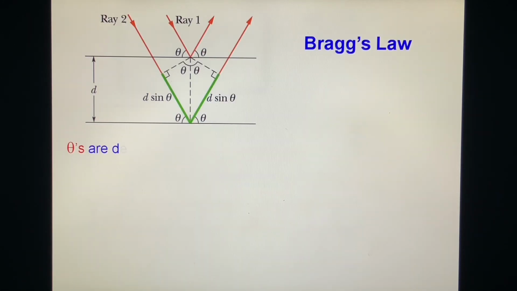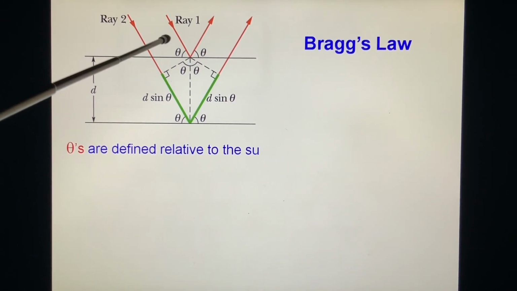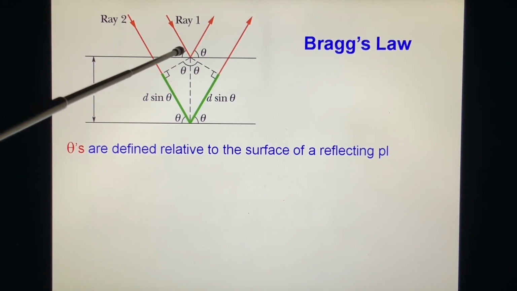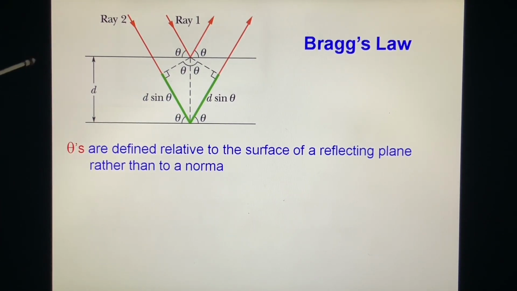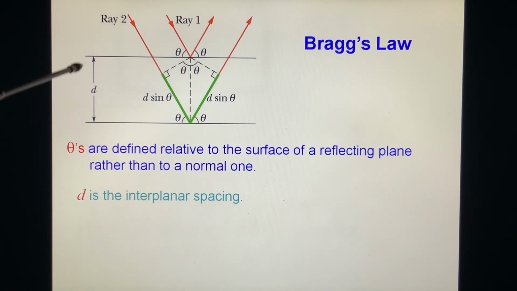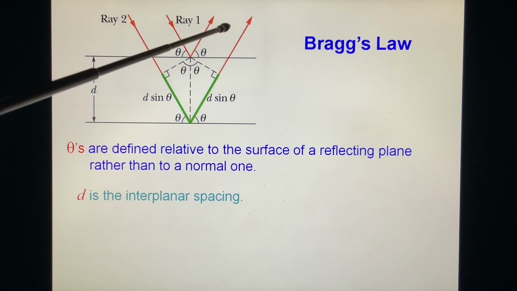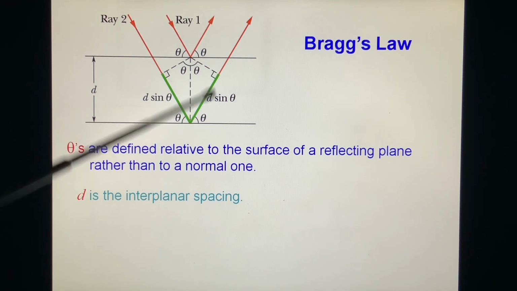Bragg's law. The angle theta is defined relative to the surface of the reflecting plane rather than to a normal, in this case. d is the interplane spacing. We look at the rays reflected from this family of planes.